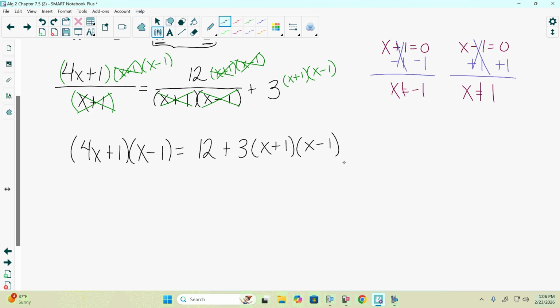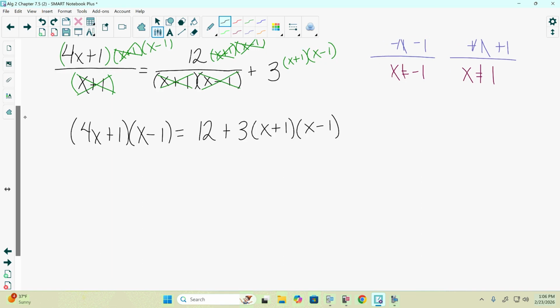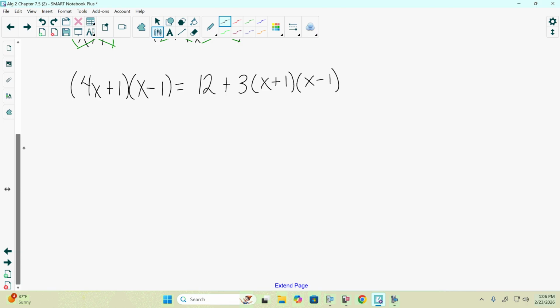And by doing that, we simplified both of the denominators. Both of those simplified after multiplying by x plus 1 and x minus 1, leaving us with 4x plus 1 times x minus 1 is equal to 12 plus 3 times x plus 1 times x minus 1.